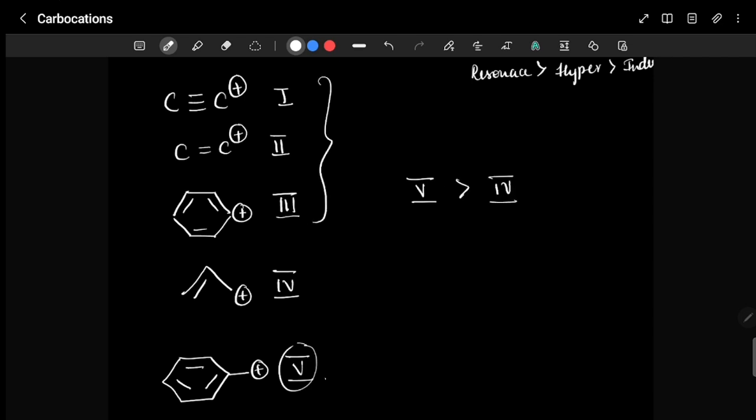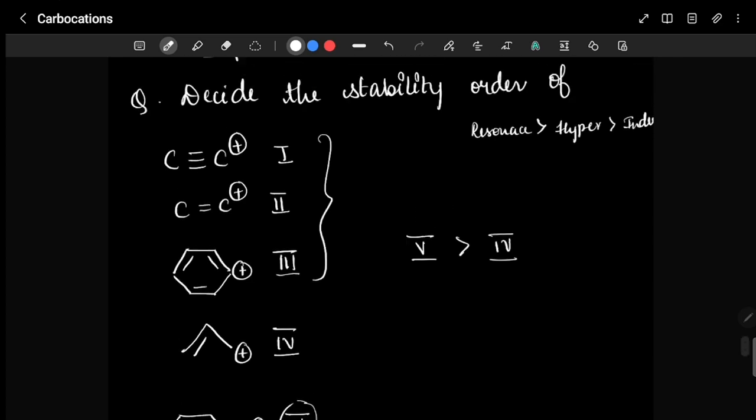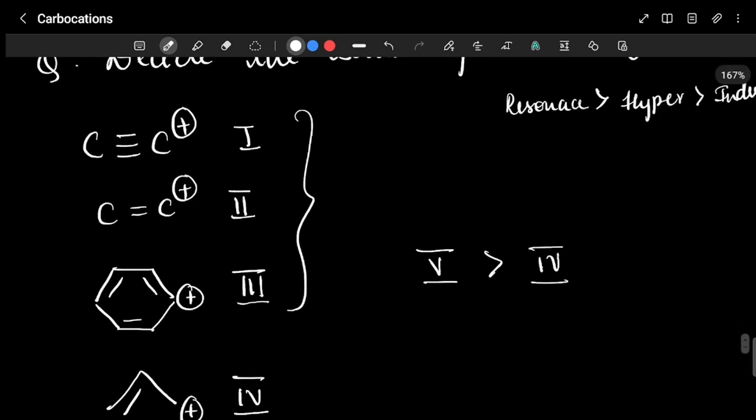Now among 3, 2, and 1, how do we decide? Now see here, phenyl carbocation, right? In 3 there is no resonance. And if we are talking about C triple bond C, what is the hybridization of carbon? sp hybridized means the S character is 50%.